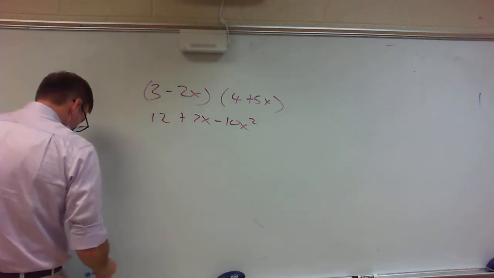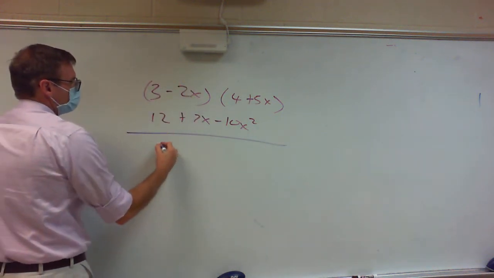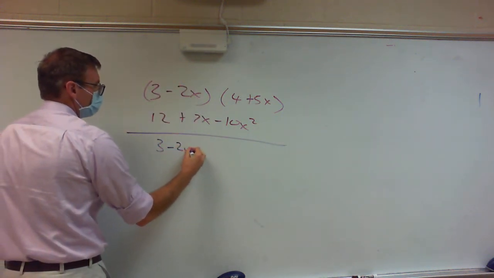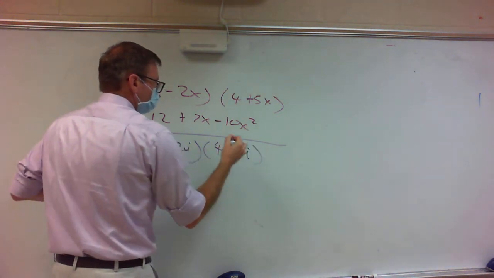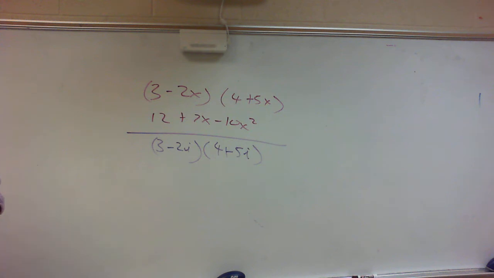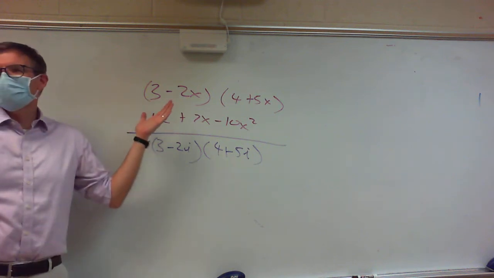So now I'd like you to do this same problem, but instead of an x, think of this as 3 minus 2i times 4 plus 5i. And you know what you do? The exact same thing you did when it was an x.